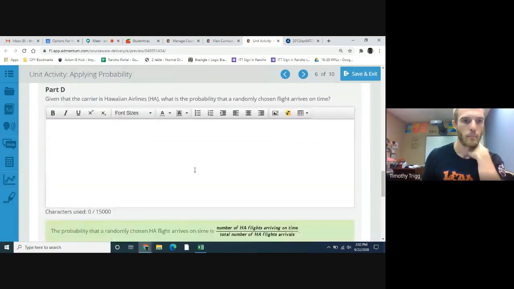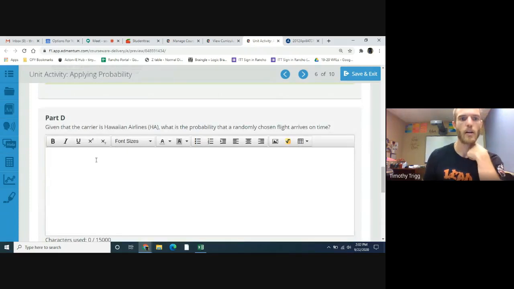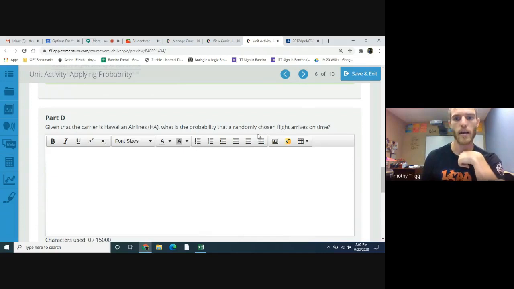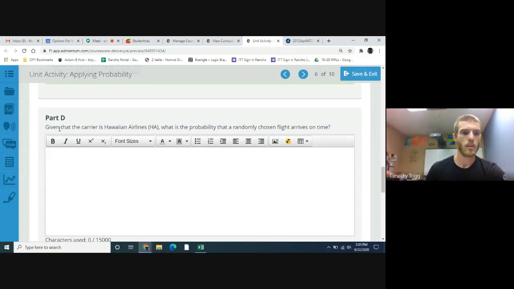Moving on. Part D. Given that a carrier is Hawaiian Airlines, what is the probability that a randomly chosen flight arrives on time? What would the denominator be in this case? The denominator would be the number of flights by Hawaiian Airlines. The numerator would be the number of flights from Hawaiian Airlines that arrive on time.